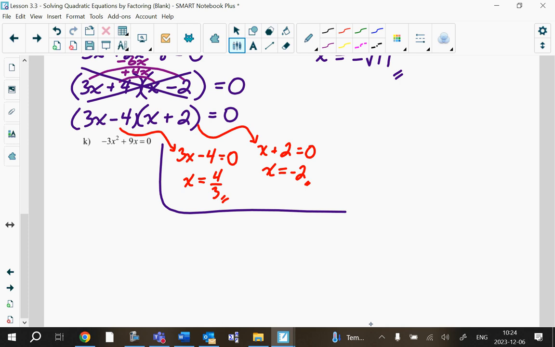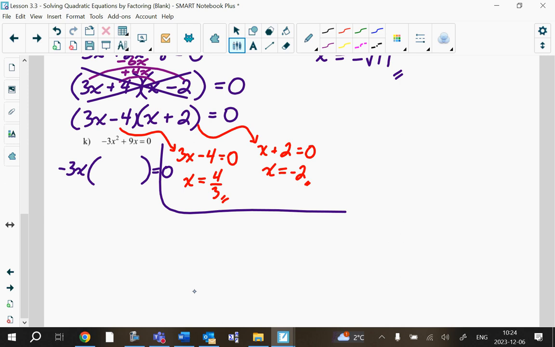If this is negative, take out a negative. Normally, we would take out 3x. Agreed? But because of this, I'm going to take out negative 3x. That's going to be my GCF. So what's the other term?